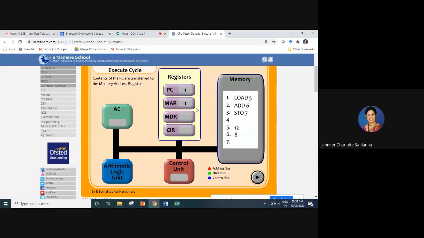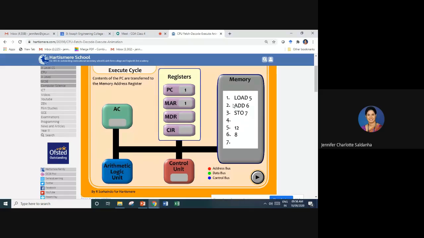From MER, along with the read signal, it will flow to memory, and that particular operand is placed in the data bus, and it will flow to MDR. From MDR, it will flow to the arithmetic and logical unit. That completes the first instruction's execution. Second is add 6. So the program counter will already have that particular address.